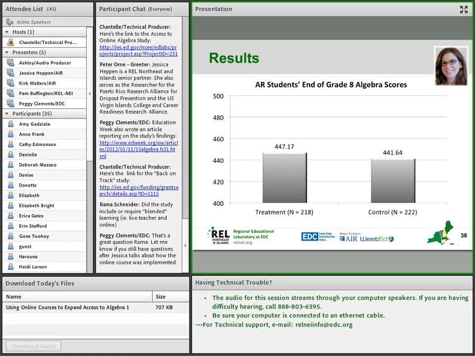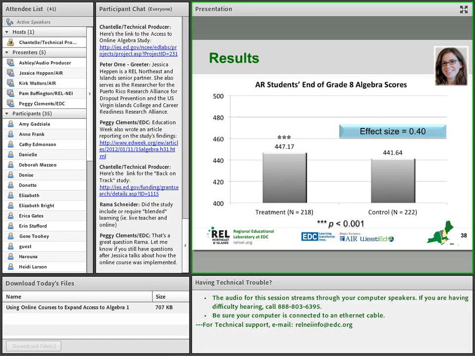We administered a post-test to measure algebra achievement at the end of 8th grade. It was a computer adaptive test that was scaled from 400 to 500. And so you see the scores on average for the algebra-ready students in treatment schools and those in control schools on this slide. The difference between the scores, 447 versus about 441 and a half, was statistically significant.